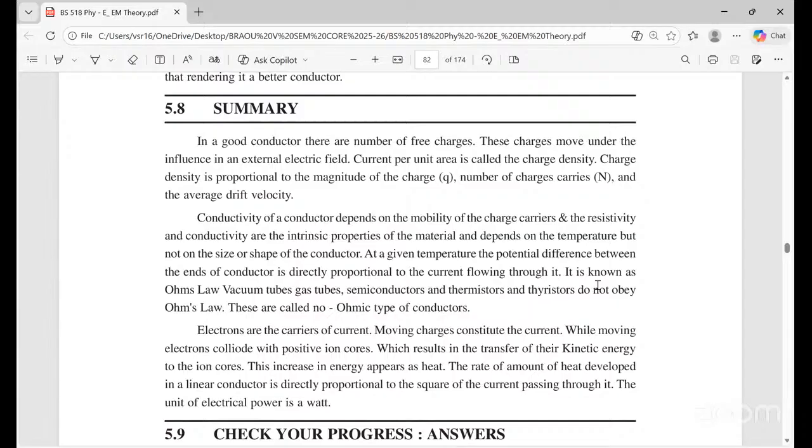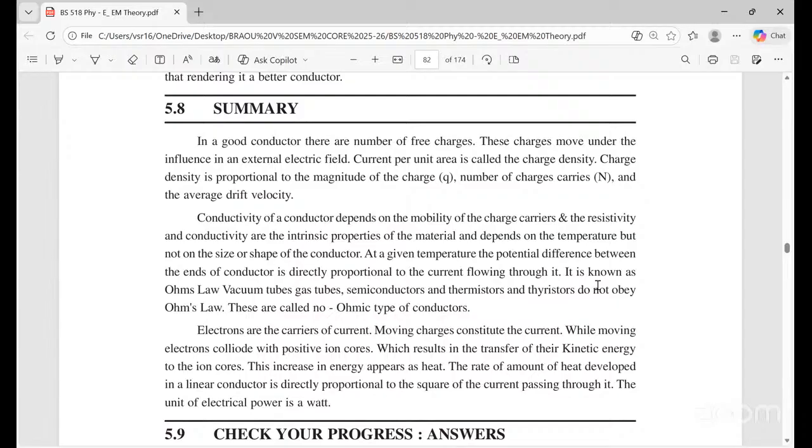So the current per unit area, you can call it the current density. Okay. And the current density is always proportional to the charge of the charge carriers, the number of charge carriers present inside the material, capital N, and also the average drift velocity, VD. Okay. And the conductivity of the conductor depends upon the mobility of the charge carriers.